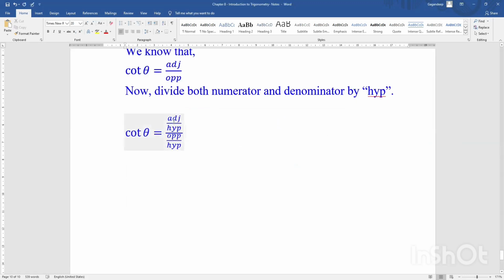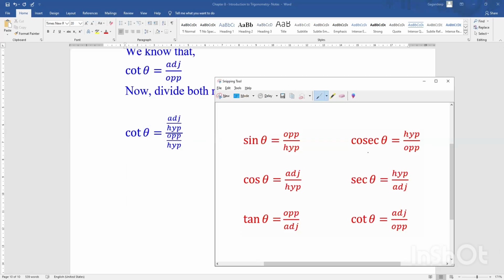Cot theta is equal to adjacent by hypotenuse, and here you see we get like this: adjacent by hypotenuse, then opposite by hypotenuse. We are dividing both numerator and denominator by this hypotenuse. Okay. So what is adjacent by hypotenuse?